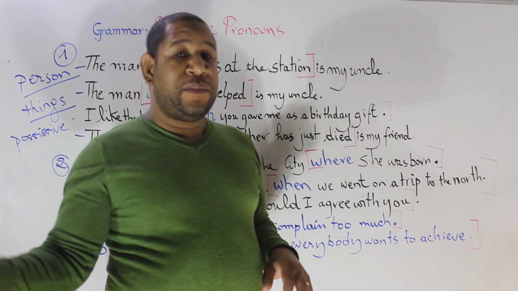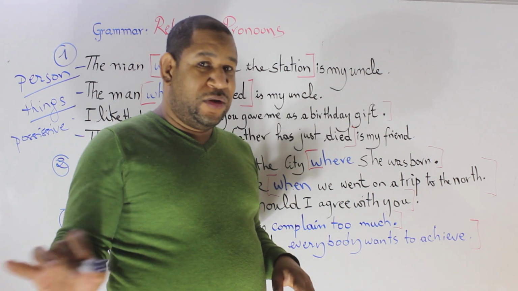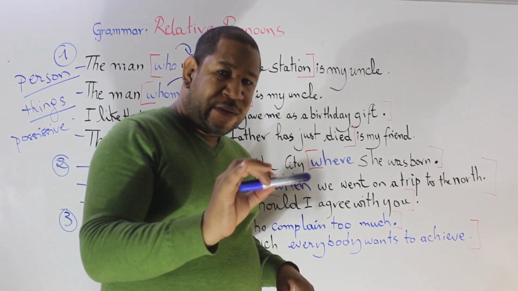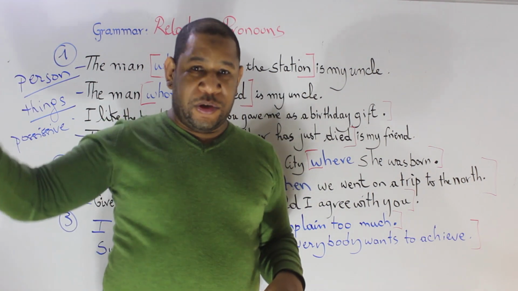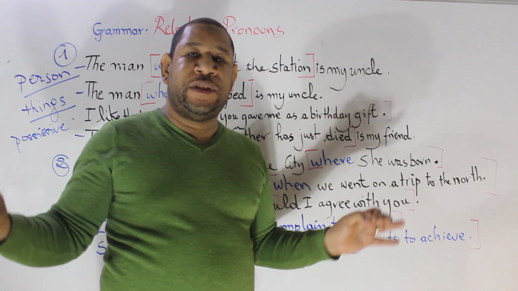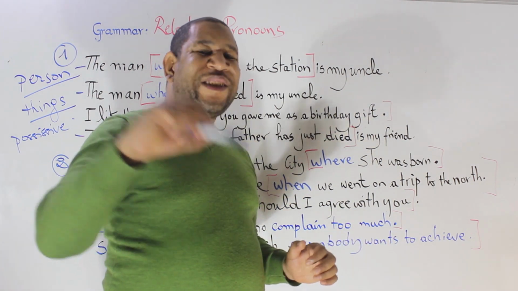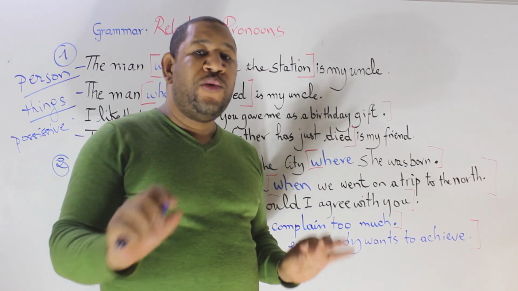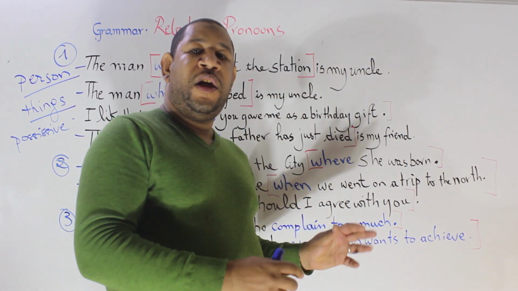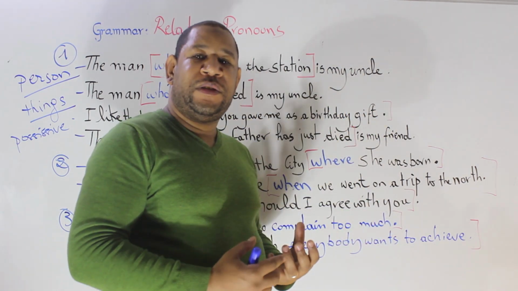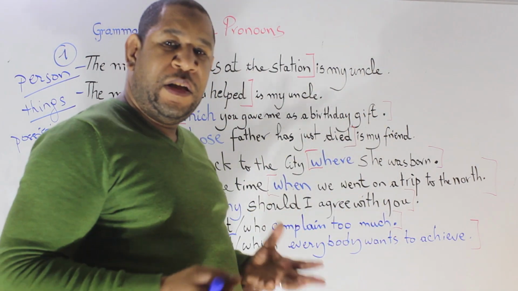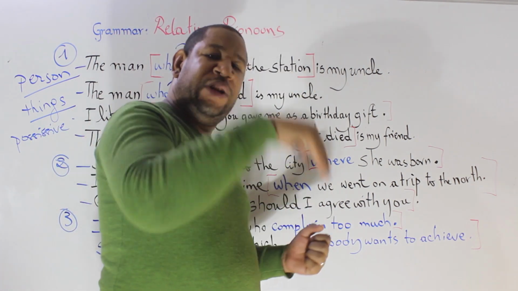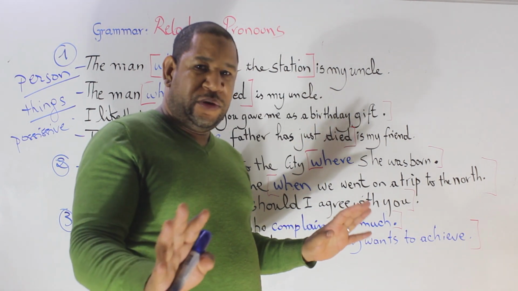If we are referring to something else, it's not when, it's not where, it's which. For example, Rabat, which is the capital of Morocco, is a beautiful city. We can't say Rabat, where is the capital of Morocco. No, which, because we are referring to a description of a place. We are just giving information about a city, not a place. If it is a place, there should be an action happening in there. But here we don't have that action.